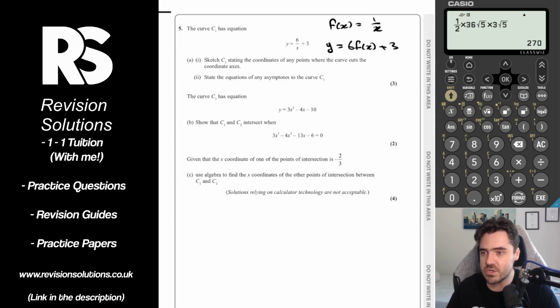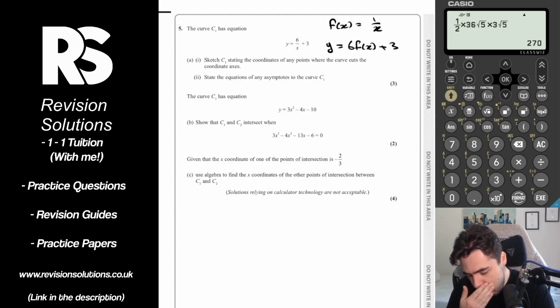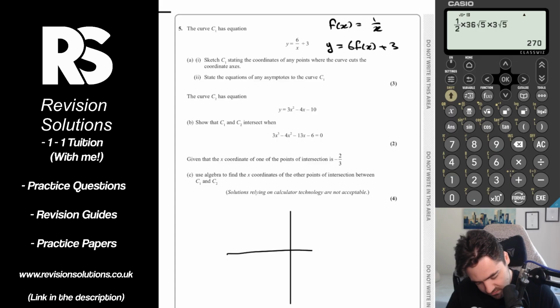The stretch in the y by 6 isn't really going to do much to our graph, but shifting it all up by 3 is certainly going to change it. So let's sketch that now. Here are my x and y axes.